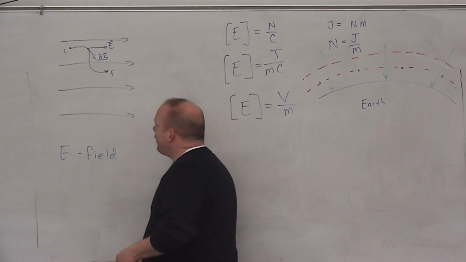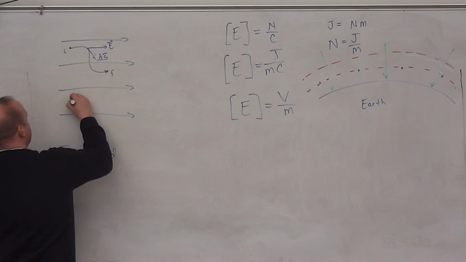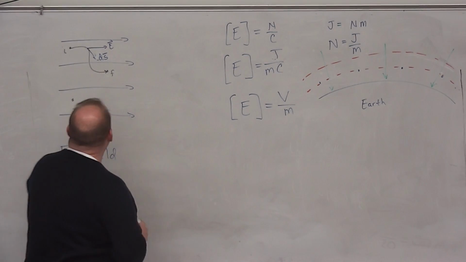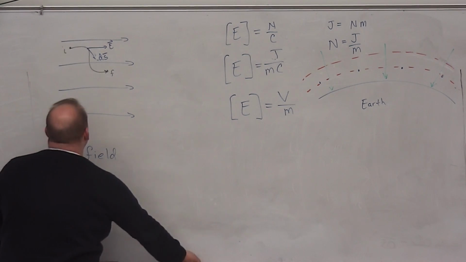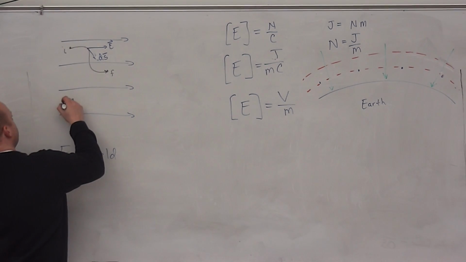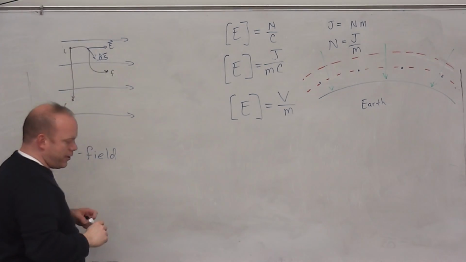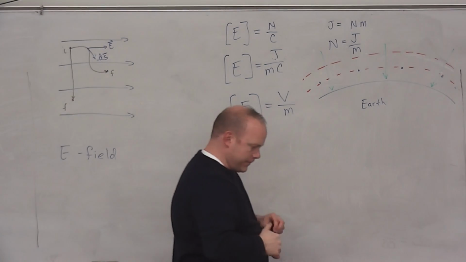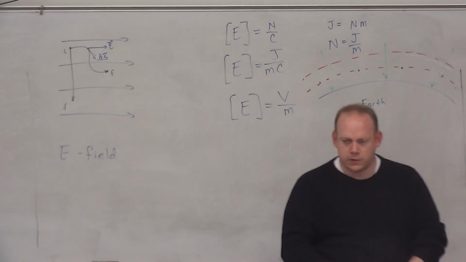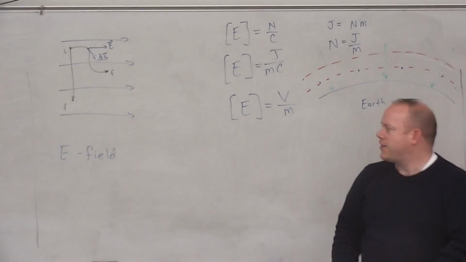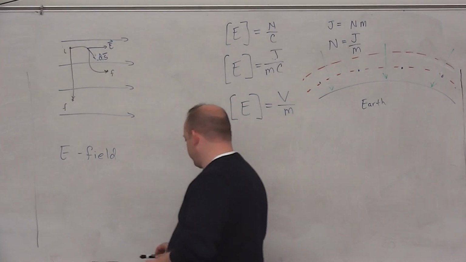But if I looked at a point over here, and I go from here now to this final point, at no point along there does the electric field do any work. This is an equipotential surface.